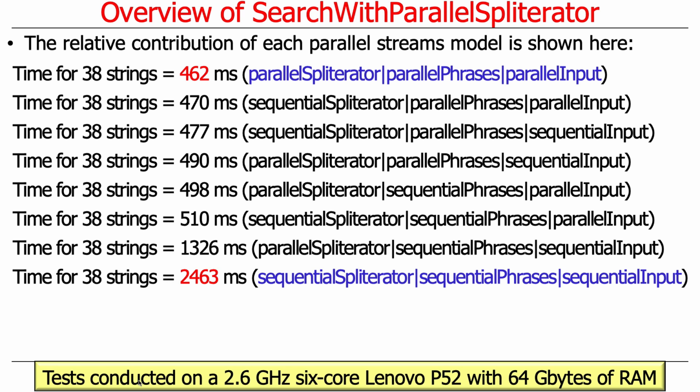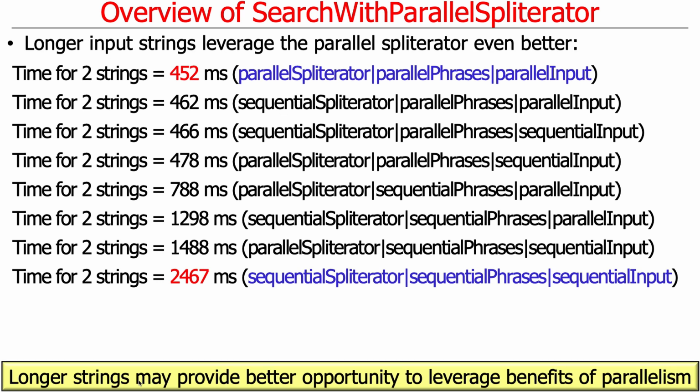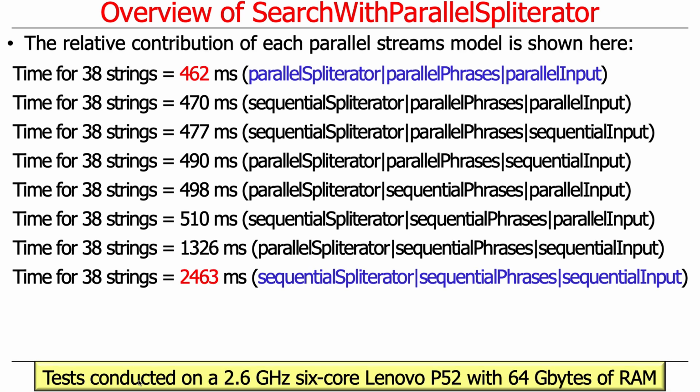Interestingly enough, I also had another variant where I took the works of Shakespeare and split them up into 2 parts, the first half and the second half of the works of Shakespeare. So this is just like much larger strings. And as you can see, if you look carefully, you get a little bit more of a speed up using longer strings to search than if you use shorter strings.